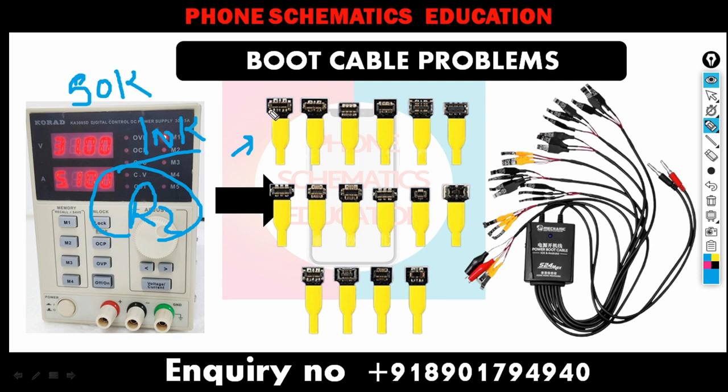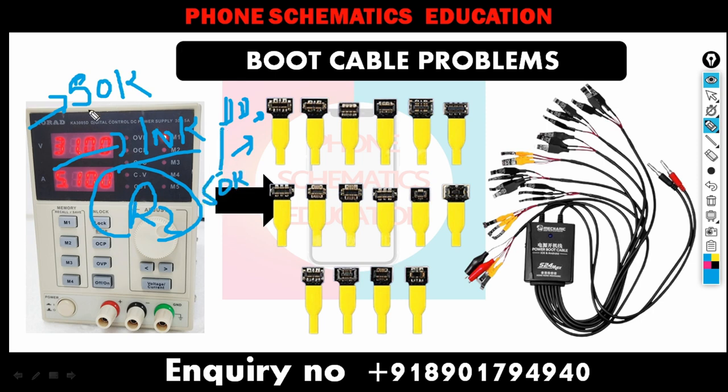Let's go again. There are two resistors on the backside of this strip, right? One for the ID, one for the thermal. Suppose in one company there are two models. In one model you get a 50K resistor, and in another the company uses 100K. So there is a difference. Now in a boot cable, you used 50K.